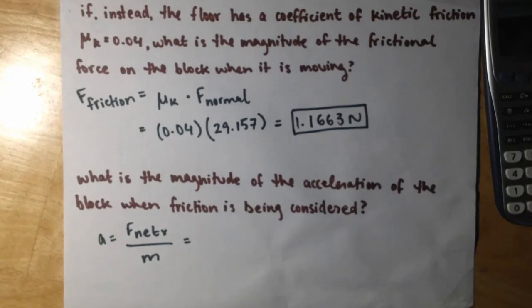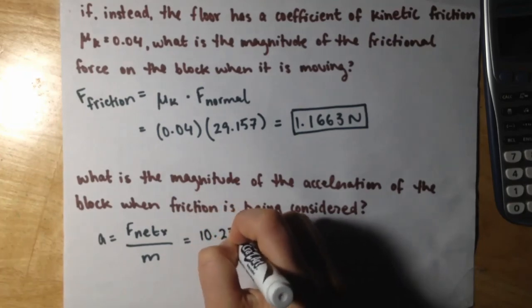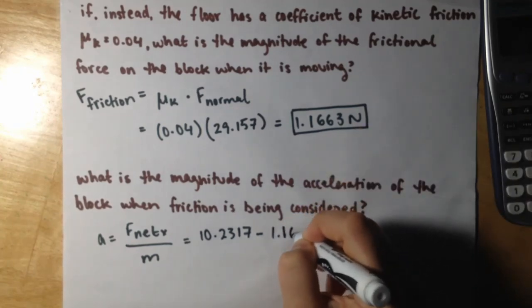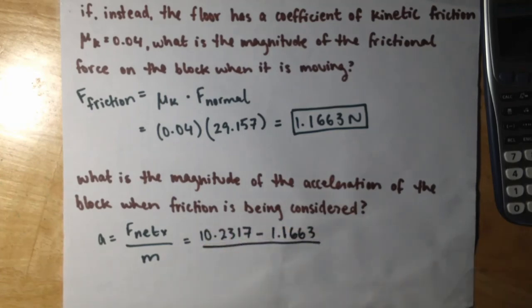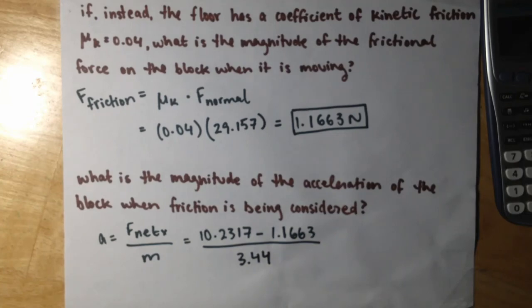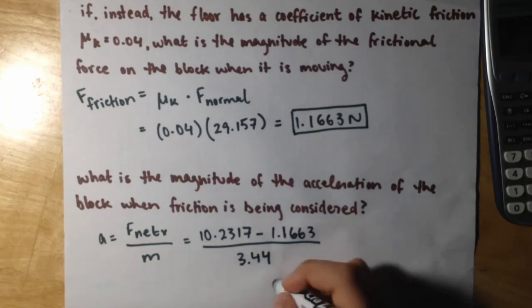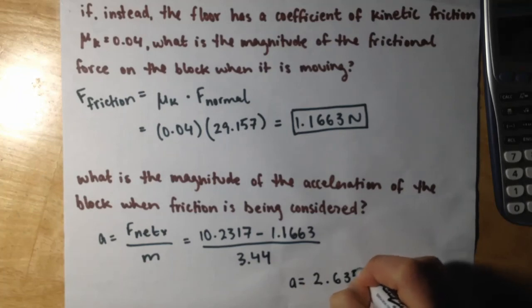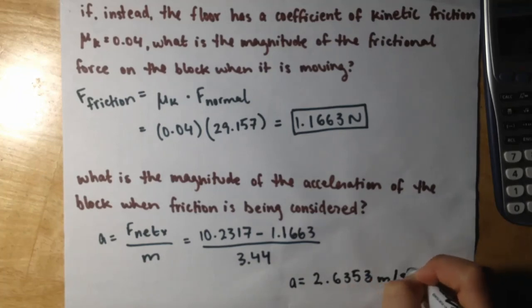In the first problem we figured out 11.2 times the cosine of 24 is equal to 10.2317. We have to subtract the force of friction, which we found just here, 1.1663, and divide all of this by the mass, which is 3.44 kilograms. We can put this all into the calculator and solve for acceleration to equal 2.6353 meters per second squared.